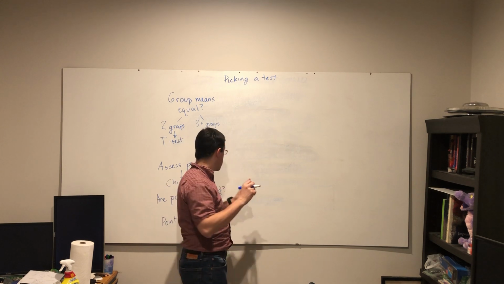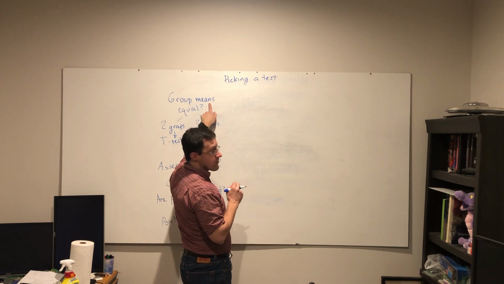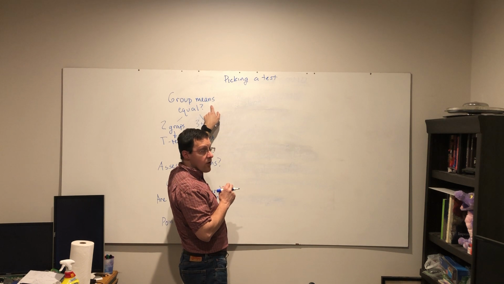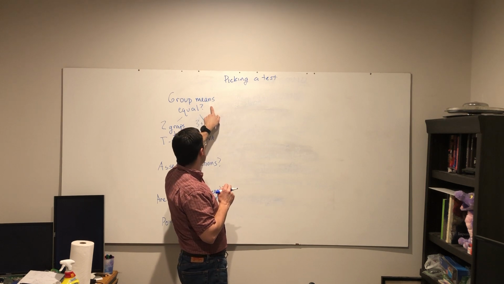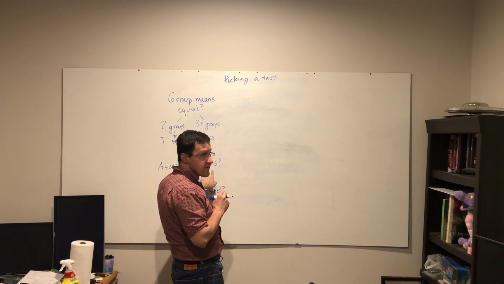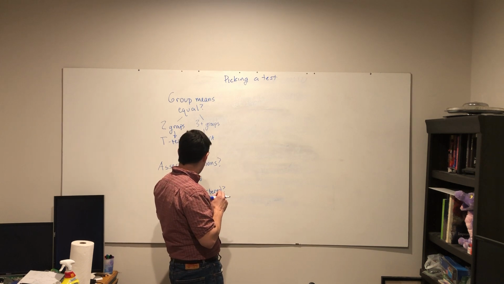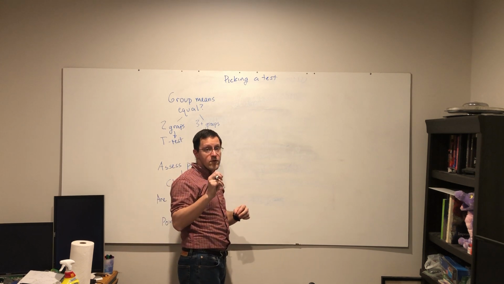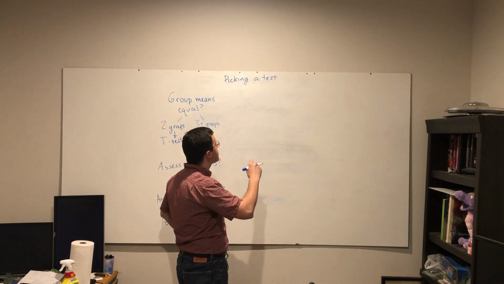So then that gets to, I want to put it in this framework. Are the group means equal to each other? Am I assessing predictions? Am I asking whether or not points are clustered or even or random?